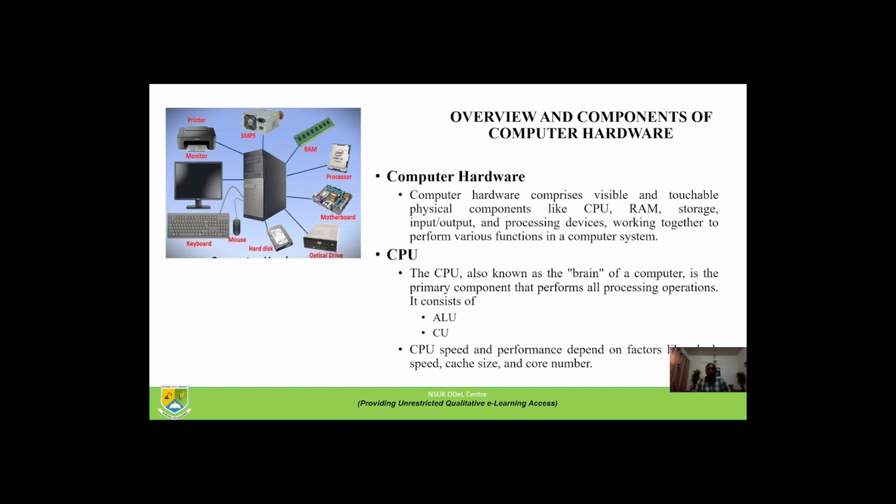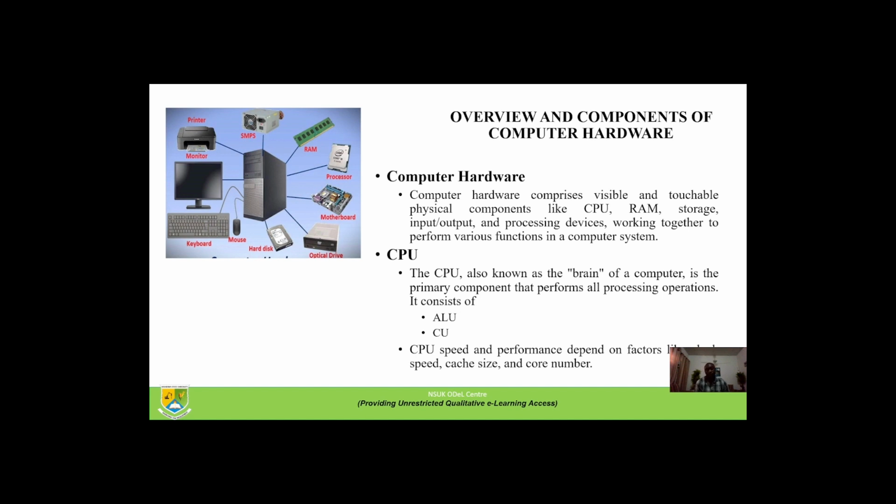The CPU, which stands for Central Processing Unit, actually acts as the brain of computers, is the primary component that performs all the processing activities or operations in a computer system. So it consists of what is referred to as the arithmetic and logic unit, and also the control unit.